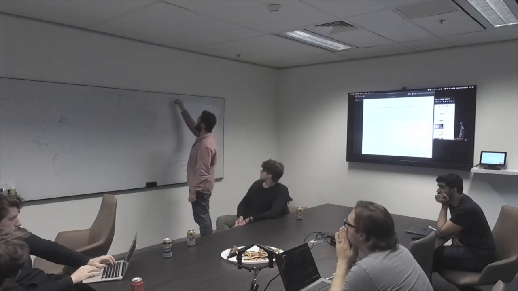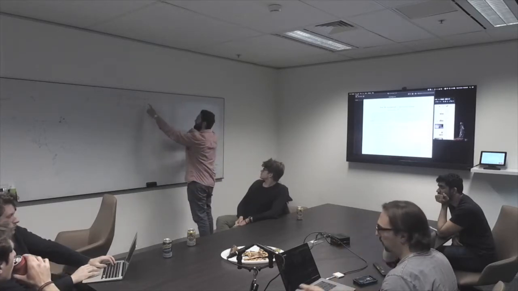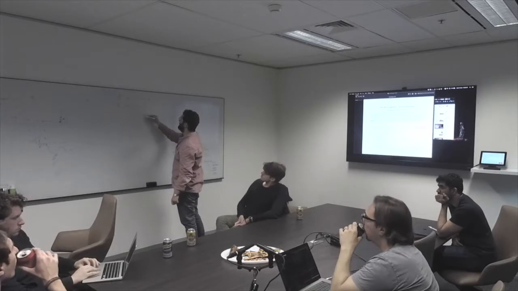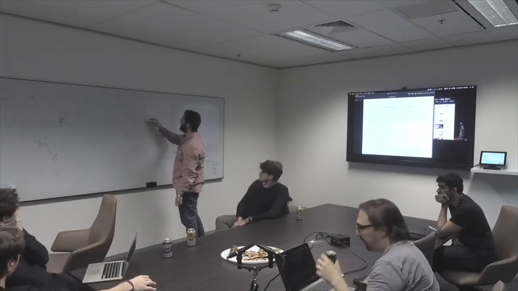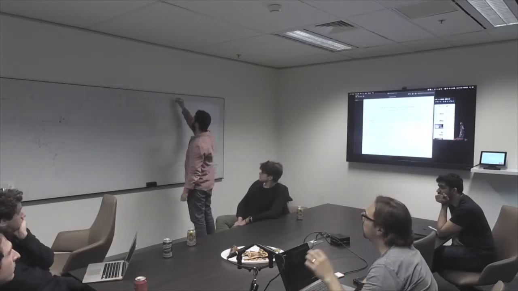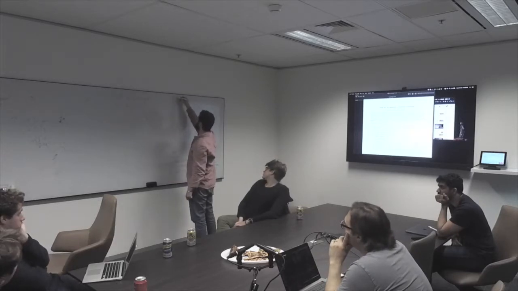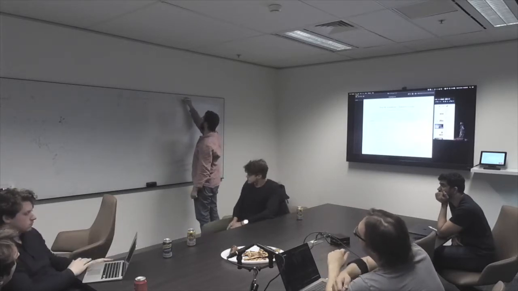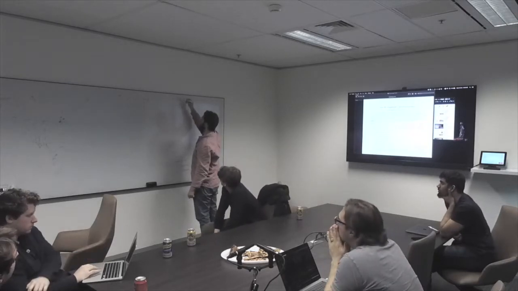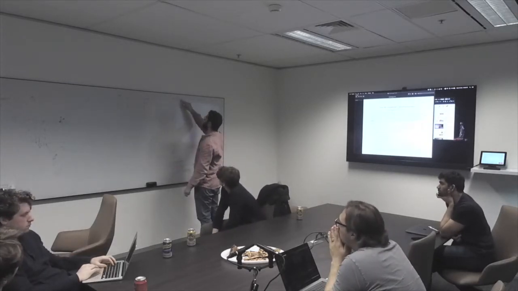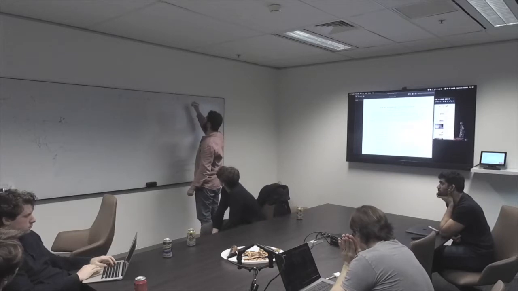So the problem is basically that this thing that's sitting here is some sort of function, and in the case of a discrete action space, it's a function from basically Zn to the reals.